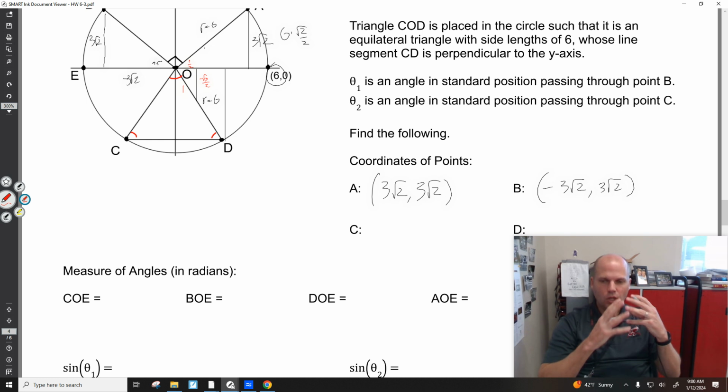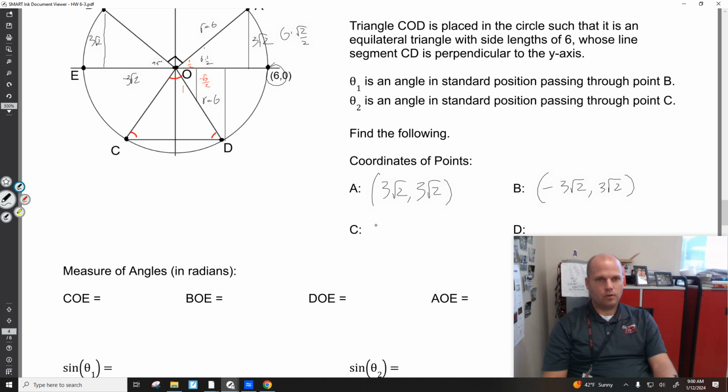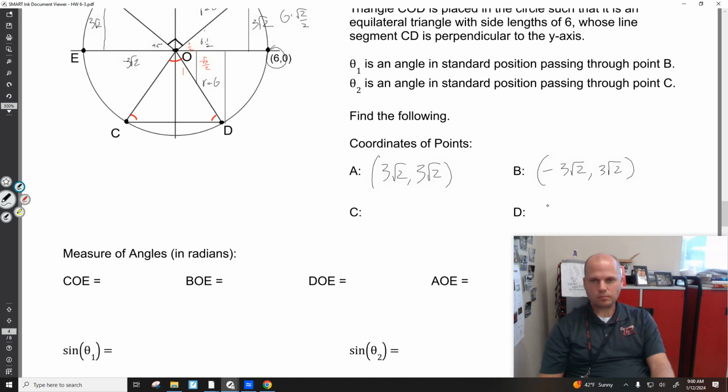Again, expand that triangle with a multiplier like we did in day 1. Multiply all the side lengths by 6. This side length is 6 times 1/2, which is 3. 6 times root 3 over 2 is 3 root 3. So we have that for D, and we can do the same thing on this side.